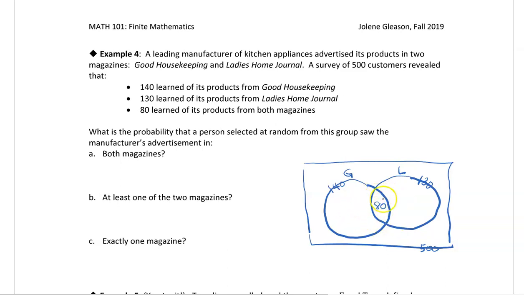We might as well go ahead and fill in the rest of the numbers. We know that the total number of people in the set G, the people who learned from Good Housekeeping, is 140. We have 80 already accounted for here because they also learned about the product from Ladies' Home Journal. So the number of people who learned from Good Housekeeping but not Ladies' Home Journal has to be 60, because the numbers inside this circle have to add to 140.